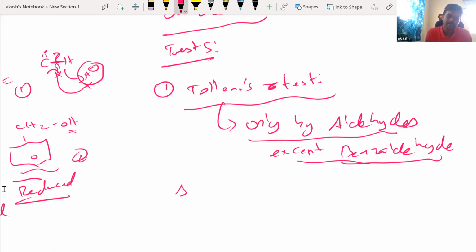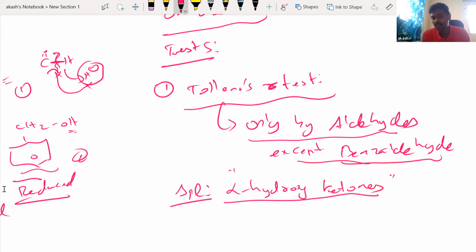But there are some special cases where even some kind of ketones can also give this test. Only one type of ketone can give this test, called alpha hydroxy ketones. Not normal ketones.